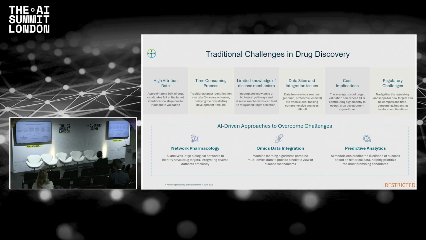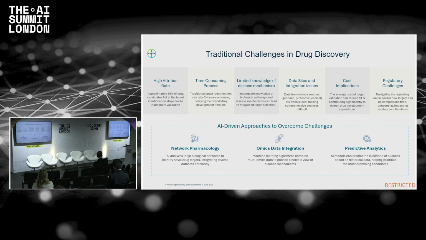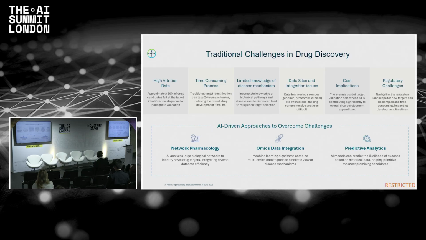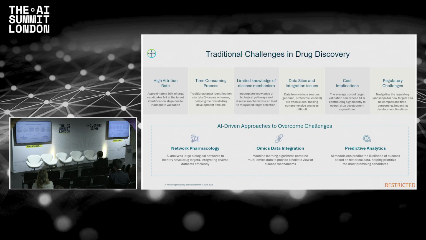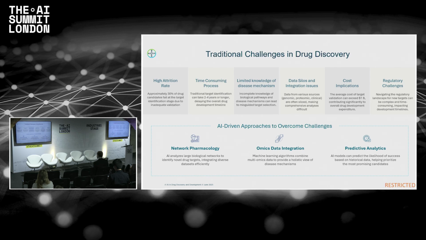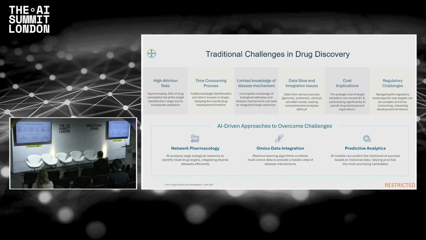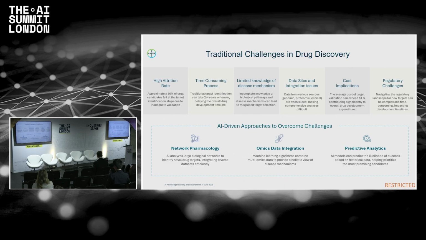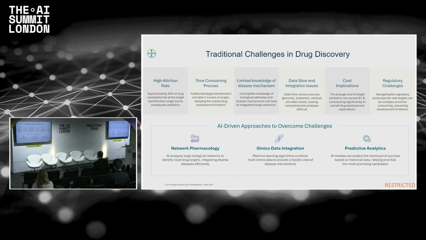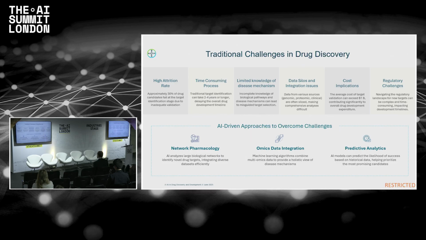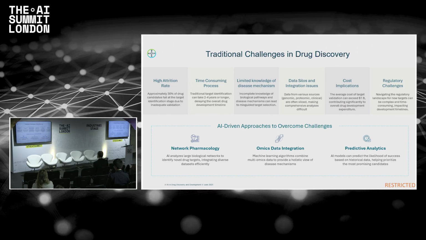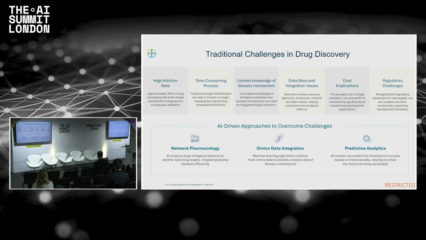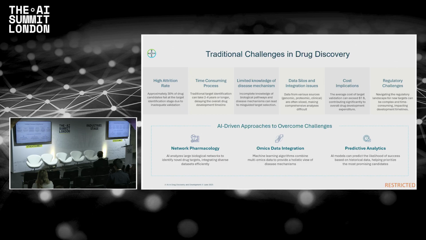So in terms of the traditional challenges that we see within each stage of drug discovery, it starts with the attrition rate. Approximately 30% of the drug candidates fail in the target identification stage because we fail to validate it, so the target itself is not good enough. Then it is a time-consuming process. Traditional target identification takes up to 4 years.